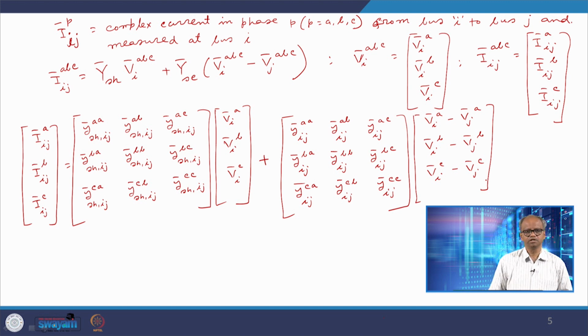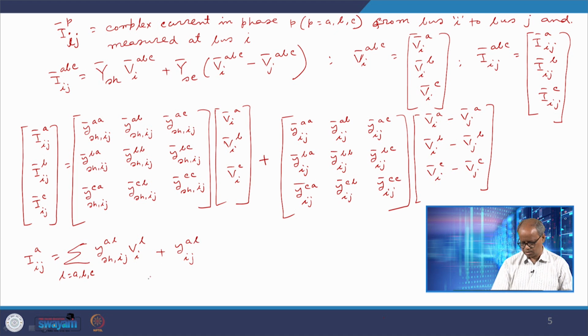So, from here I can find out the expressions of I IJ. For example, I IJ A would be the sum over L equal to A, B, C of Y shunt IJ AL into VIL, plus Y IJ AL into VIL minus VJL, where L varies over ABC.